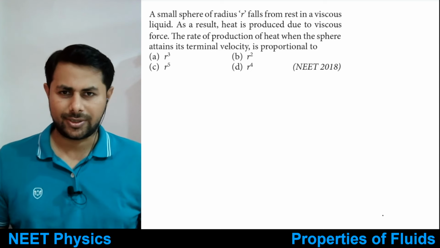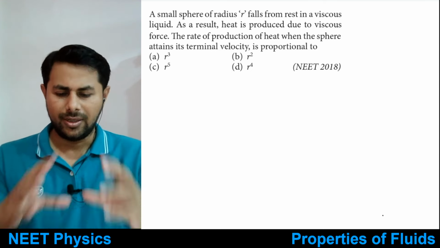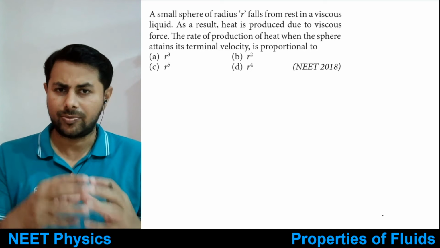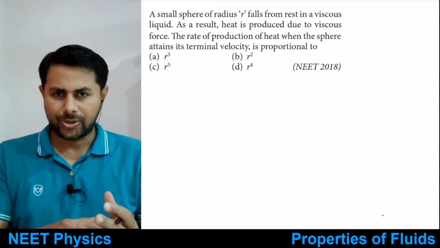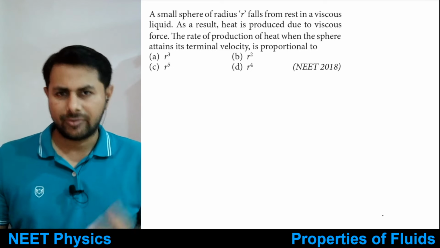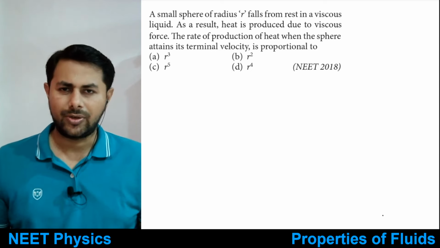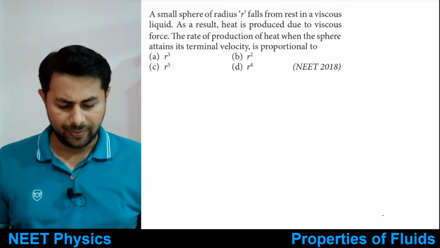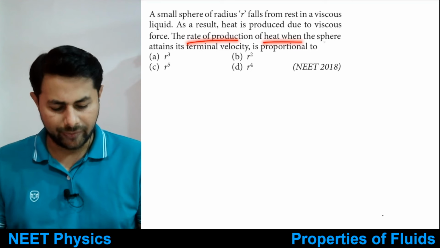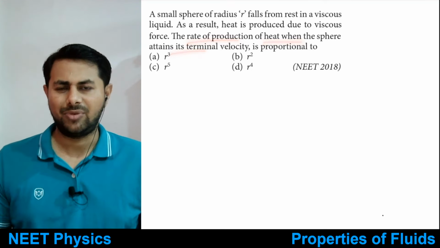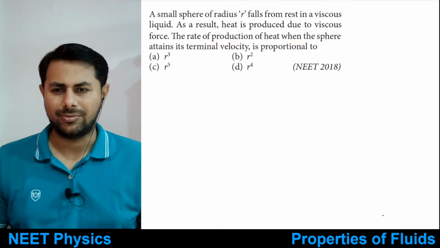That energy is lost. Just like that, when some object moves through a fluid, the viscous force will oppose its motion and the work done against the viscous force will be converted to heat. So the question is: the rate of production of heat when the sphere attains its terminal velocity is proportional to.